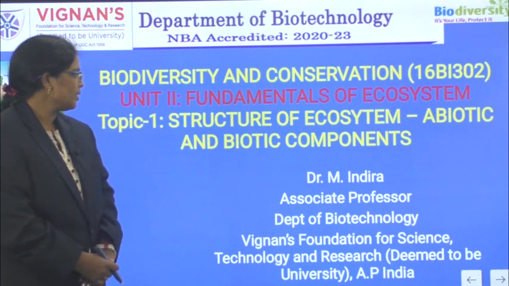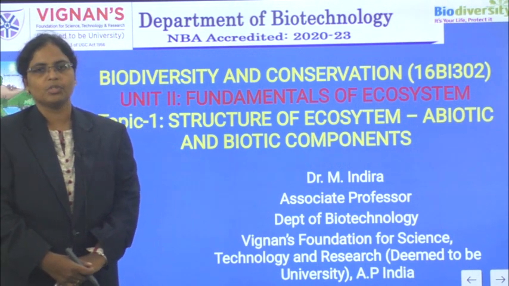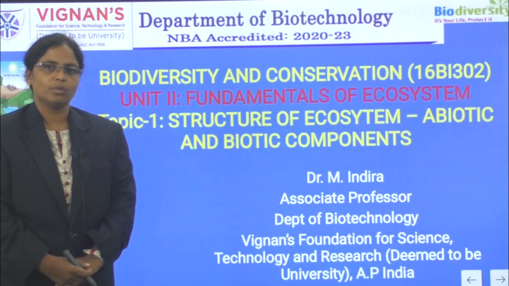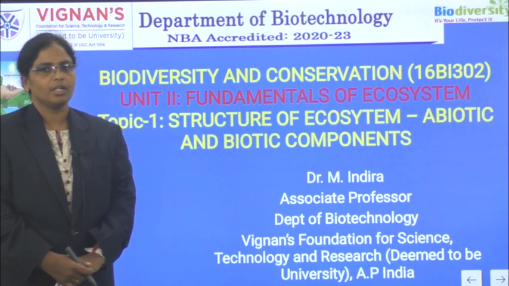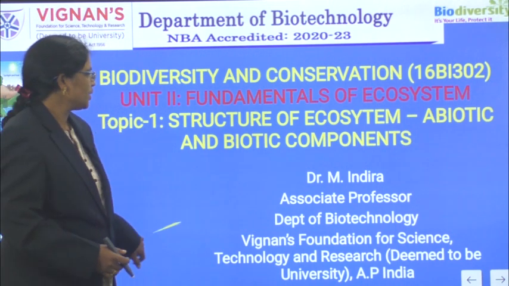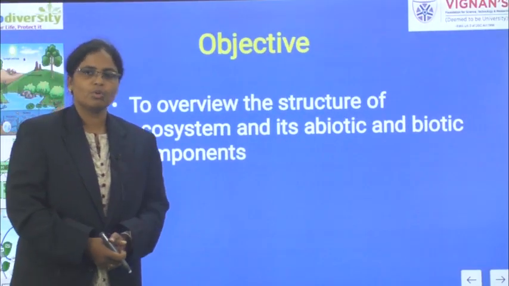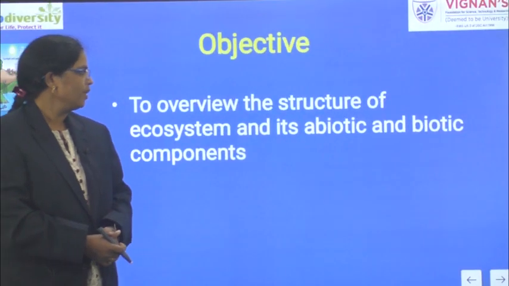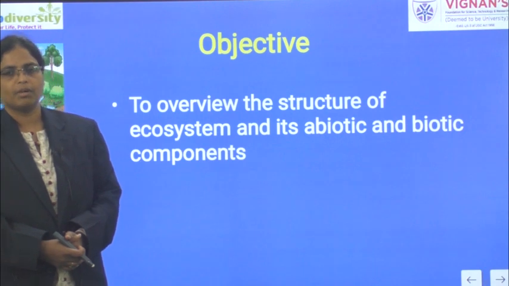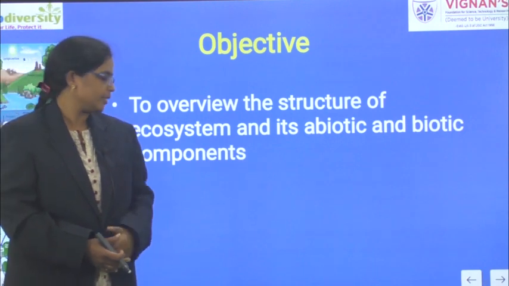So today we'll see the first topic, that is the structure of the ecosystem, where we will study both biotic and abiotic components. The objective of this particular topic is to overview the structure of an ecosystem, where we have to study the biotic and abiotic components.